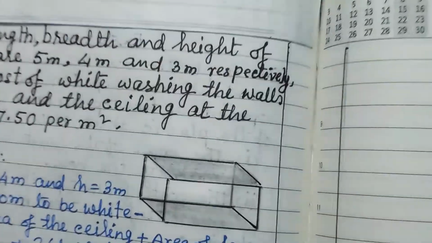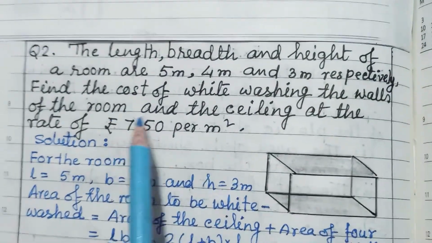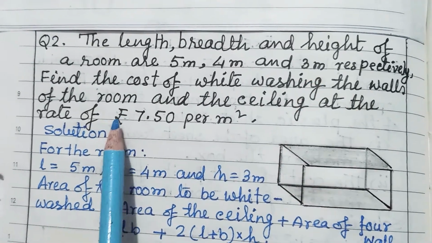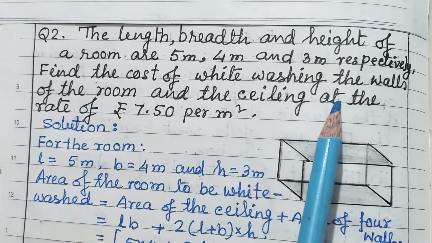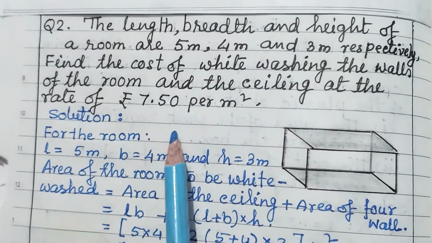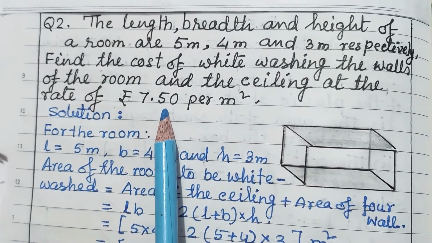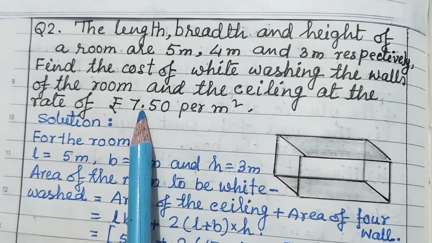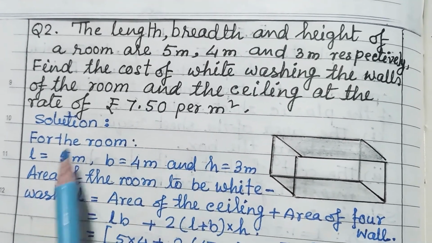Next question: the length, breadth and height of a room are 5 meter, 4 meter and 3 meter respectively. Find the cost of whitewashing the walls of the room and the ceiling at the rate of rupees 7.50 per meter square, that is, 7 rupees 50 paisa per meter square.